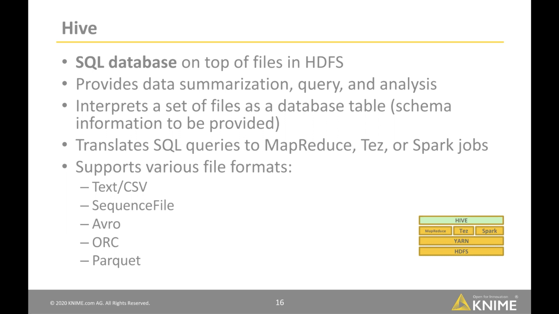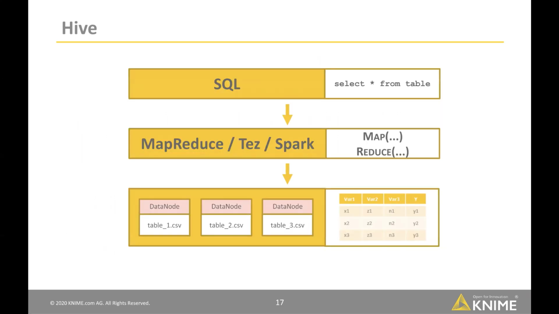The way Hive then runs the SQL queries is that it translates the SQL query into a sequence of jobs that run on Yarn. Traditionally this was MapReduce, but nowadays in Hive you'll find other systems like Tez and Spark that do the heavy lifting of computation.